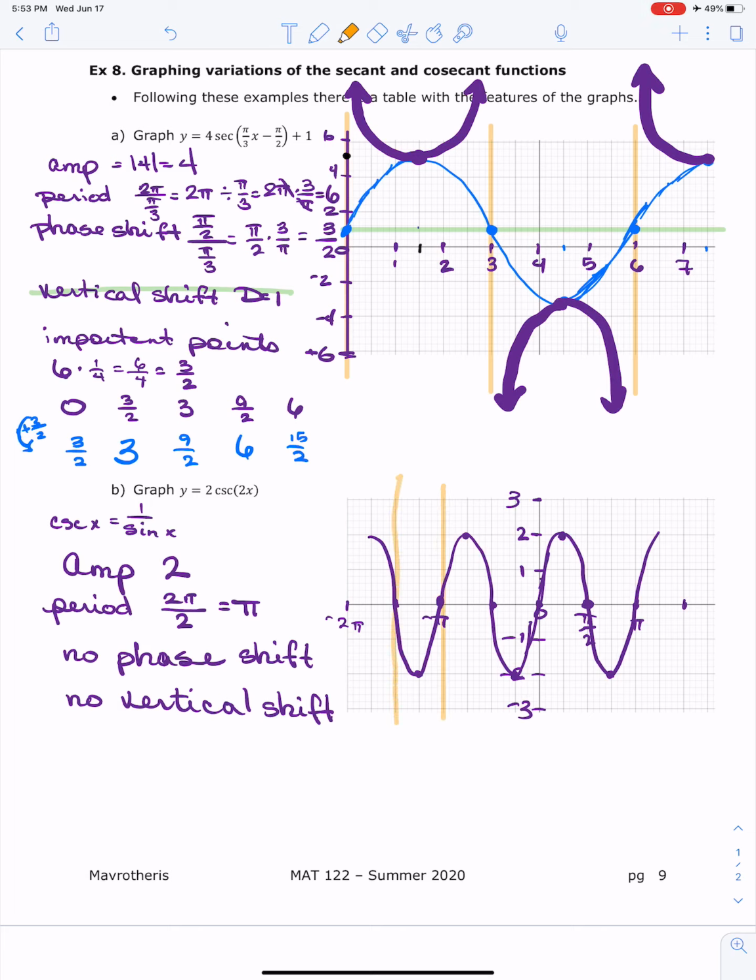Right here at pi and, negative pi, negative 3 pi over 2, negative pi over 2. So because the period is pi, we've got an asymptote every pi over 2.